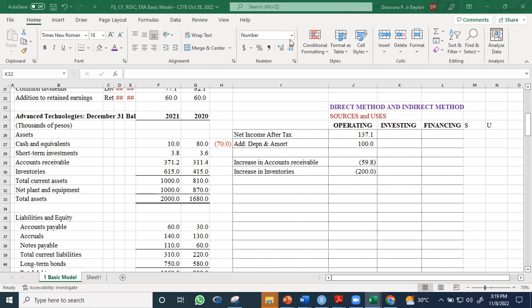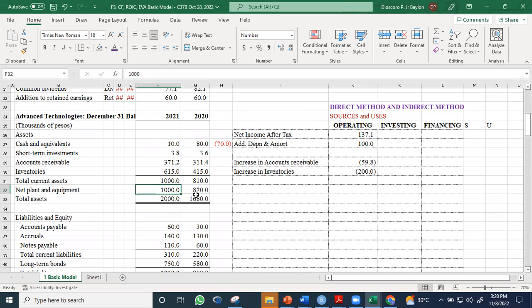And ano siya, source of cash or use of cash? Tama yung answer mo, Alexa, kaso share it with the others, no? Alexa gave the answer, investing and then use of cash. So tama yon.